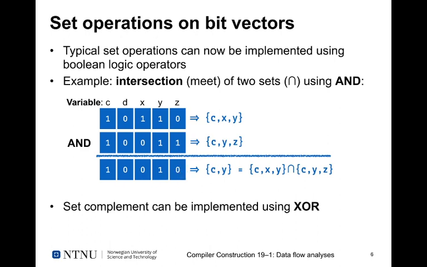So we have C and Y here as common elements, and X and Z are no longer in the resulting set here. If we need a set complement, we can implement it using XOR or a NOT and AND operation, as we'll see in a bit.